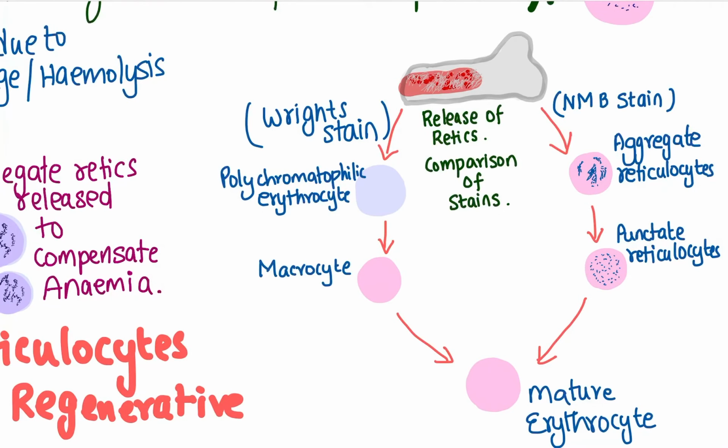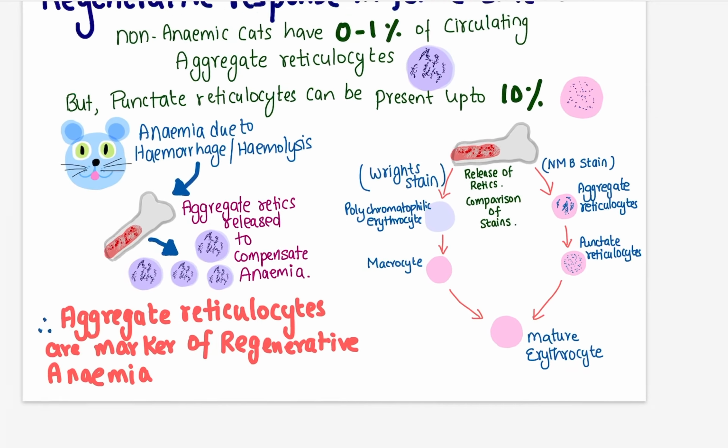The importance of using new methylene blue stain in felines is that it will distinctly differentiate between punctate reticulocytes and aggregate reticulocytes. So you can count the number of aggregate reticulocytes and punctate reticulocytes, and then use it to evaluate the regenerative response in cats.